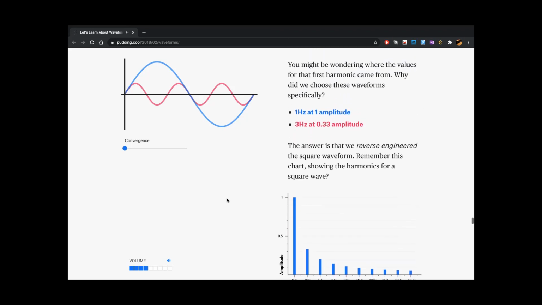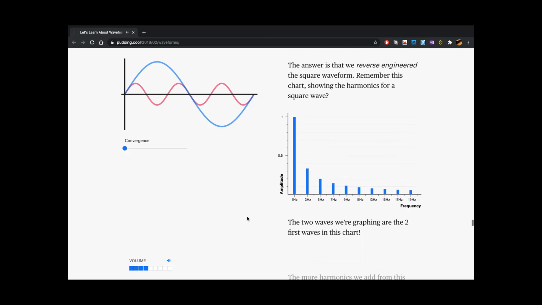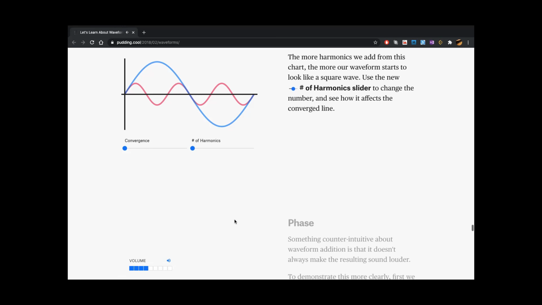Okay, you can see the original square wave had this kind of spectrum: 1, 0.33, and this one is 0.2. And if I add these sinusoids, one sinusoid of 1 Hertz frequency, 3 Hertz frequency, 5 Hertz frequency, if I add them all up, what will happen?